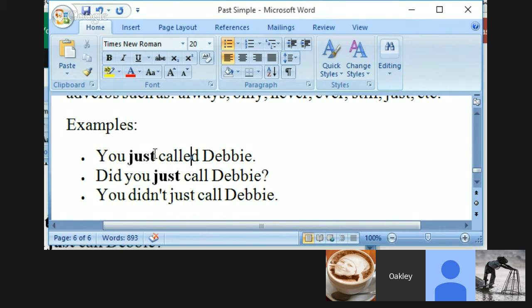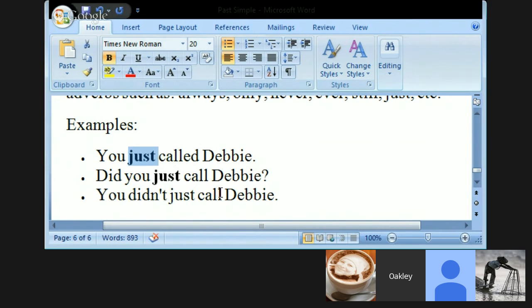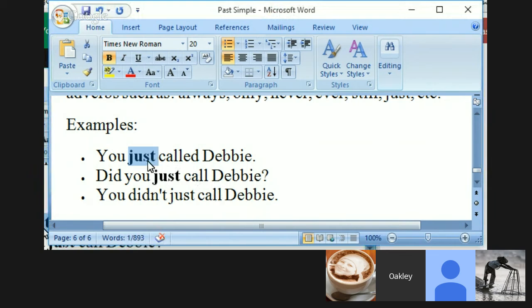Sometimes it is possible to move an adverb around in a sentence, but sometimes that will change the meaning of the sentence. Sometimes it will not work at all. Sometimes it will make the sentence meaningless. It's always safe to put it here. Again, I need to stress, when the adverb is meant to go with the verb.